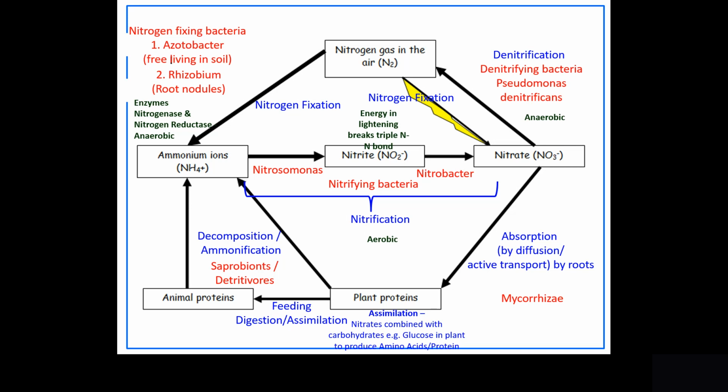These are the organisms that feed off the dead organic matter. They take in the nitrogen atoms from the plants and the animals, from their proteins, DNA and RNA, and then they convert them back into ammonium ions. And that completes our journey of the nitrogen atoms through the nitrogen cycle.